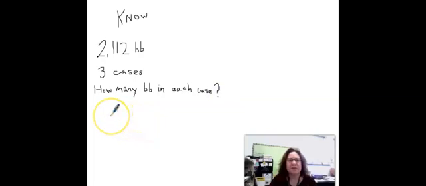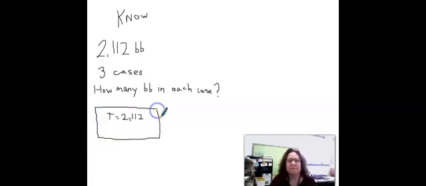All right, so we have the total, right? We have our total building blocks. That's 2,112. And we're going to divide it by 3 cases. So I'm going to divide this into thirds. Okay. And we're looking for how many will go into each of these.